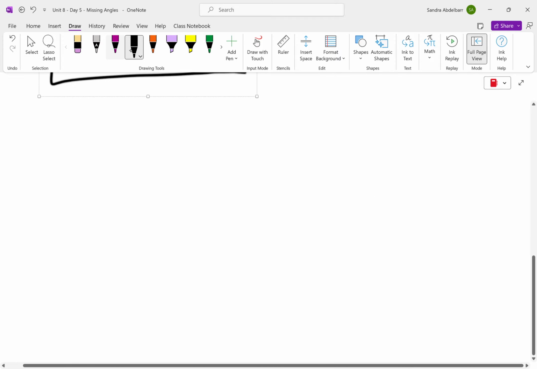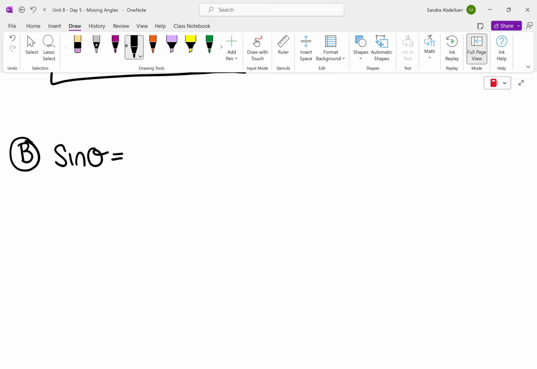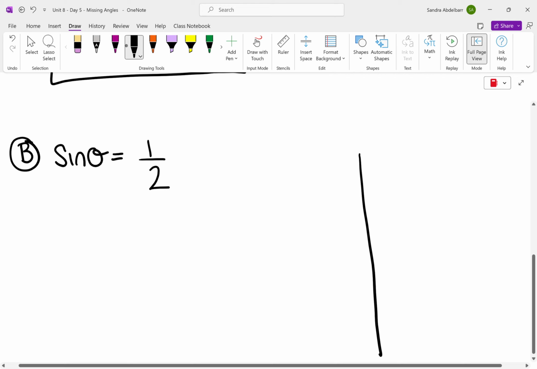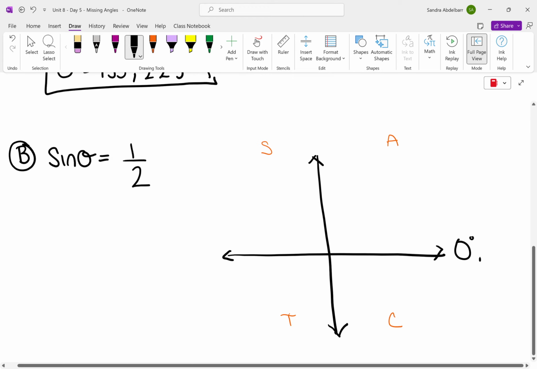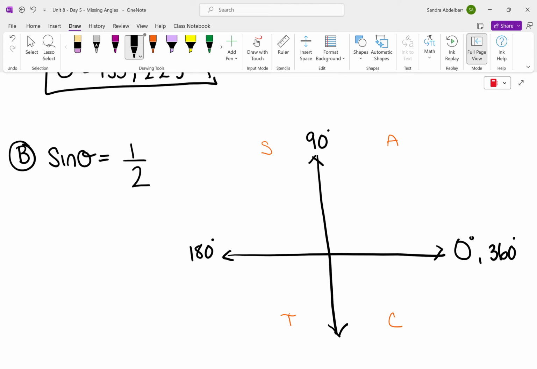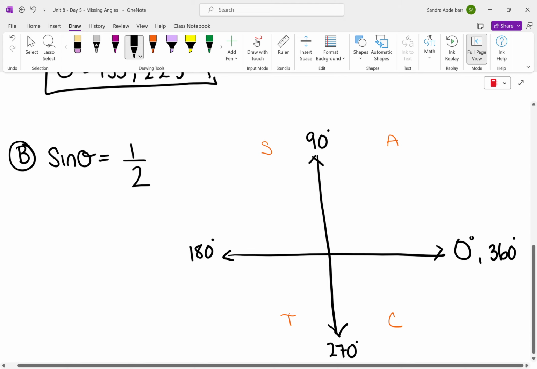All right, next one. So I'm going to have the sine of theta is equal to 1 over 2. So remember, all students take calculus. 0 degrees, 360, 90, 180, 270.